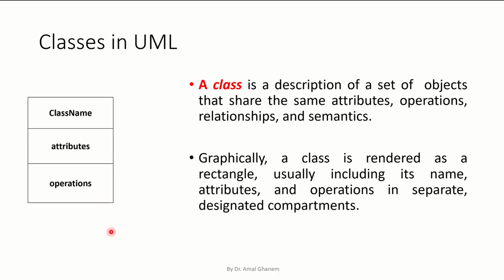So the first thing to remember from this slide is that classes in UML are defined as a rectangle with 3 sections: at the top we have the class name, in the middle the list of attributes, and in the last part the list of methods.